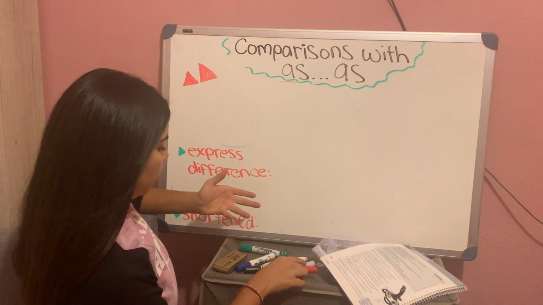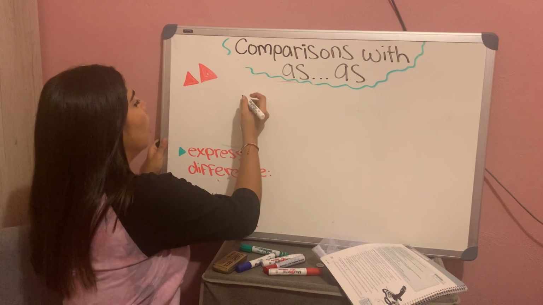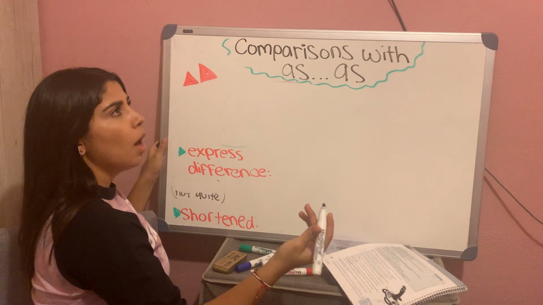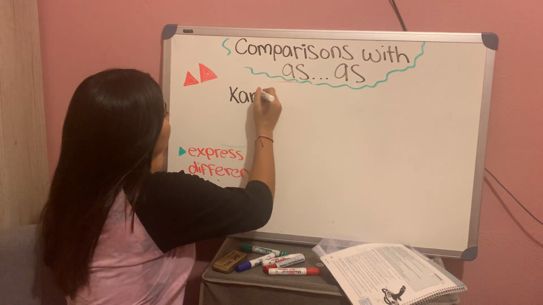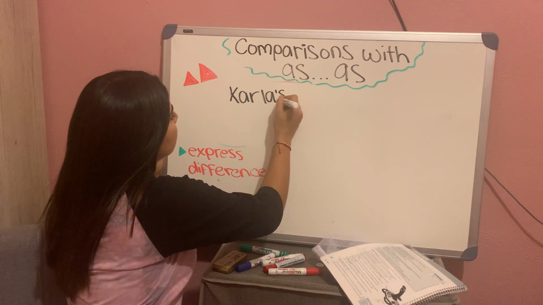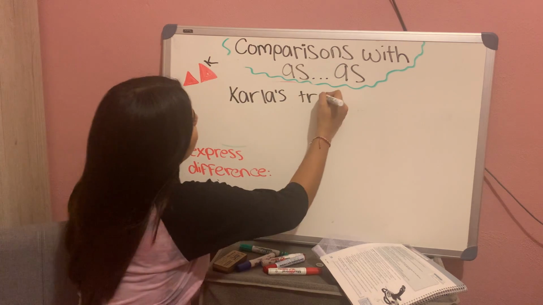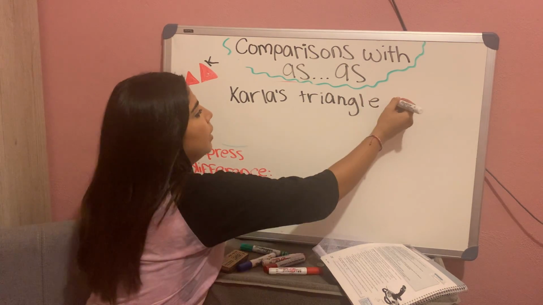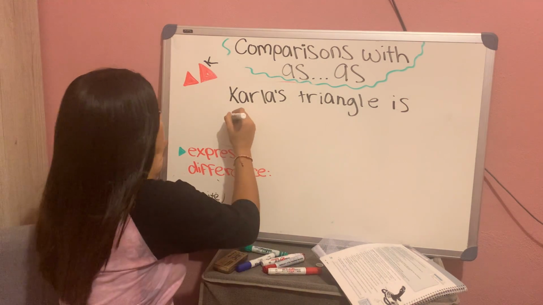Okay, so I'm going to say, I'm gonna use names. I'm gonna say Carla's triangle. This is Carla's triangle. Is, and we're using not quite.